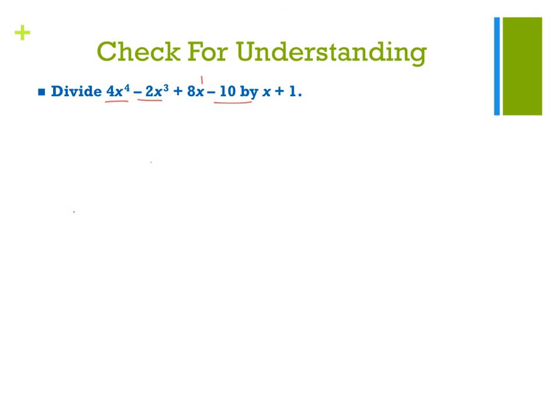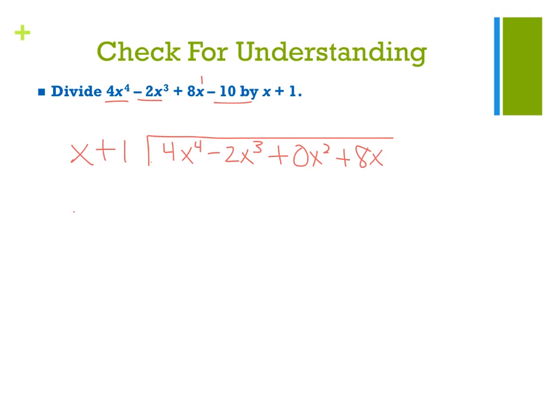If I divide this out, when I write out my dividend, I'm going to do 4x to the 4th minus 2x cubed plus 0x squared plus 8x minus 10. Now, what's going to happen here is we are going to go ahead and divide x into 4x to the 4th, which gives me 4x cubed.